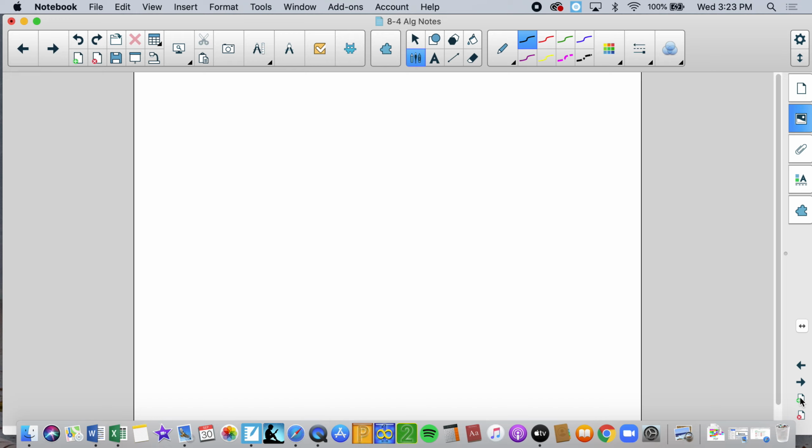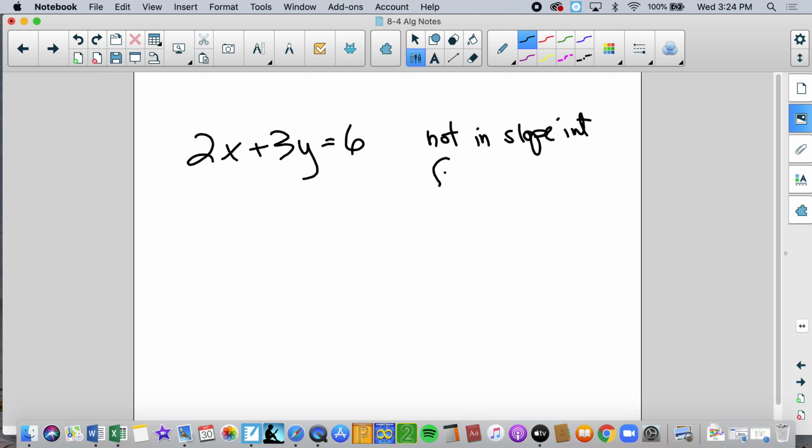When we have equations like this, 2x plus 3y equals 6, this is not in slope-intercept form because y is not isolated. So this is actually in standard form.